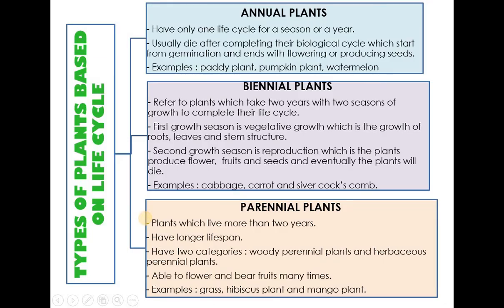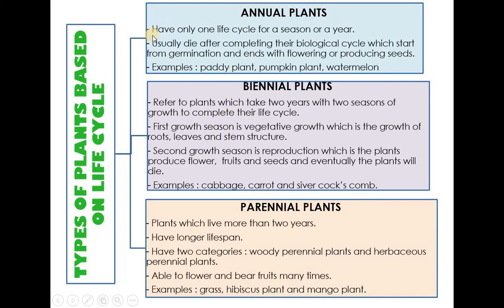We look at 1.3.1, types of plants based on their life cycle. Plants can be classified based on their life cycles, which are annual plants, biennial plants, and perennial plants. So we look first at the annual plants.